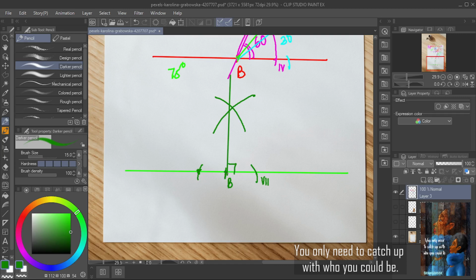Then if from the same point I construct 60, this point B, I make an arc, and then standing at this particular point, the same distance, I also make another arc. When I draw that line passing through B and that point, this angle is going to be 60, meaning what remains up here is 30. If I bisect that 30 degrees, what I'm going to get is 15 degrees.